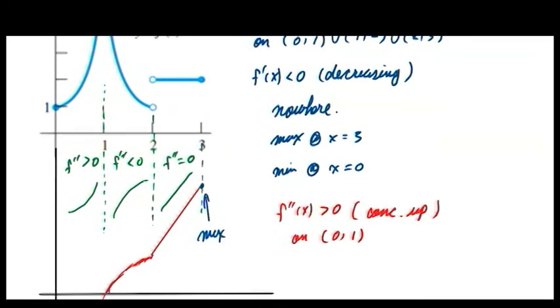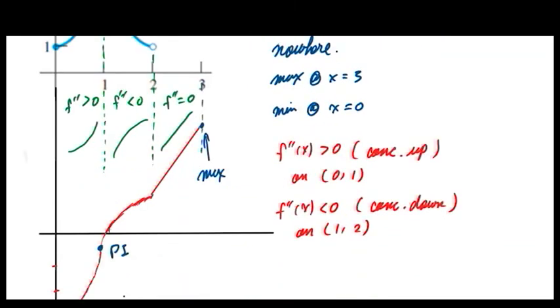And then we can say f double prime of x is negative, meaning concave down from 1 to 2, which is that part. Get it? F double prime, second derivative, is the slope of the derivative of this graph right here. Y'all get it? Is it crystal clear?